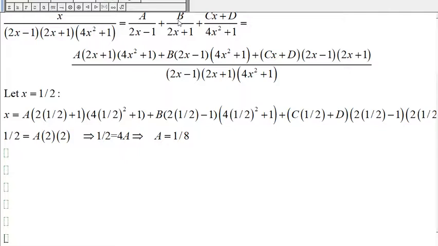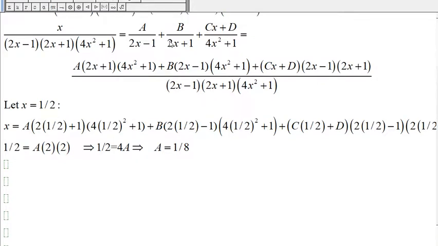And then to get b, pick something to make this factor 0. So we can let x be negative 1/2, because 2 times negative 1/2 is negative 1, and negative 1 plus 1 is 0. So now we let x be negative 1/2.